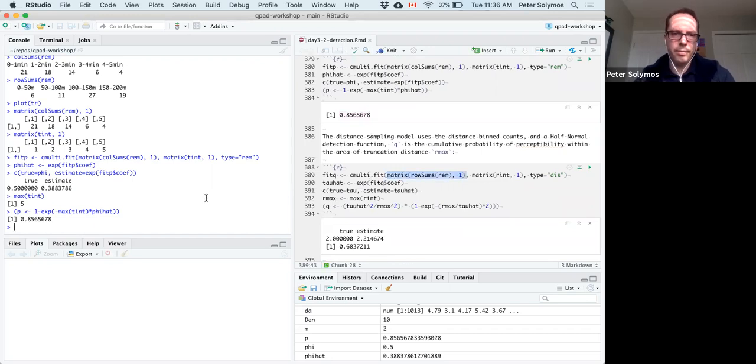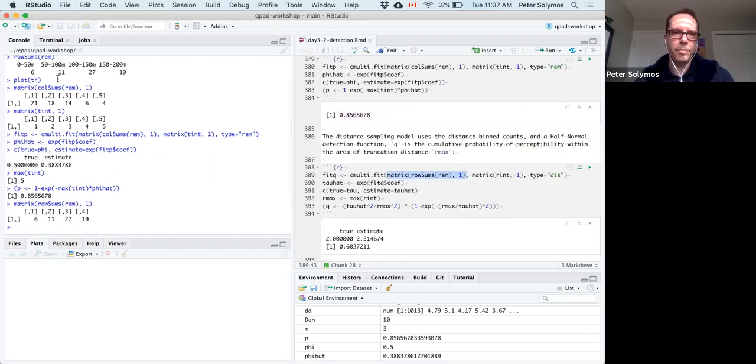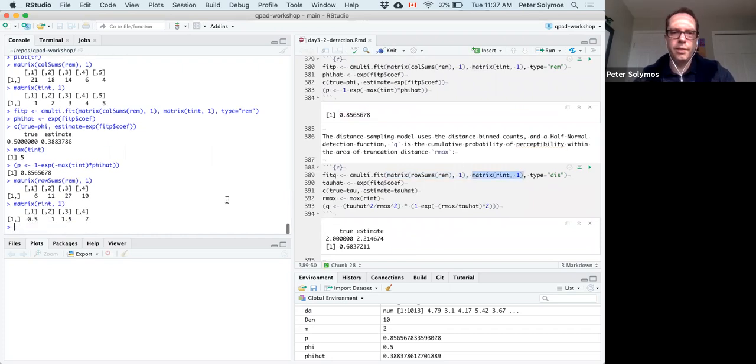So the next step is that we take the row sums from this REM removal table, like this 6, 11, 27, 19 here, and the corresponding matrix with the distance endpoints, 0.5, 1, 1.5, and 2, and specify the type as distance sampling using the same function.